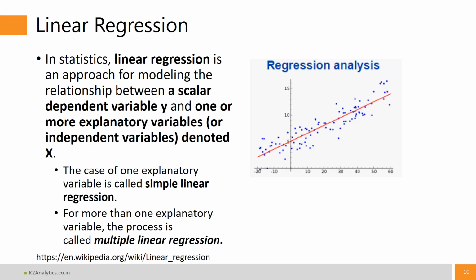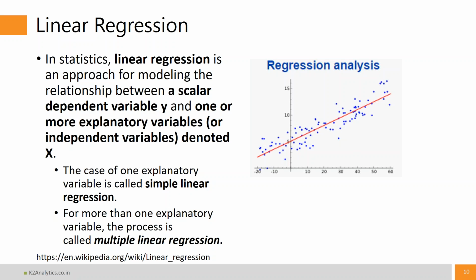Terminology first, because now I'm going to continuously use these terminologies, so get familiar with them. Dependent variable, independent variable. Y is your dependent variable, x1, x2, x3, x4 are all independent. Okay.